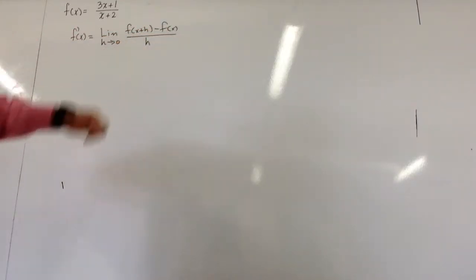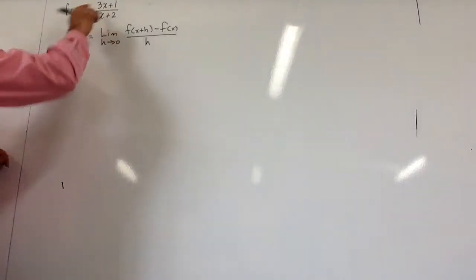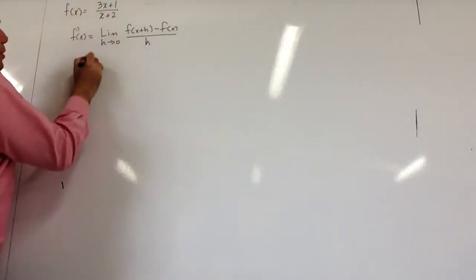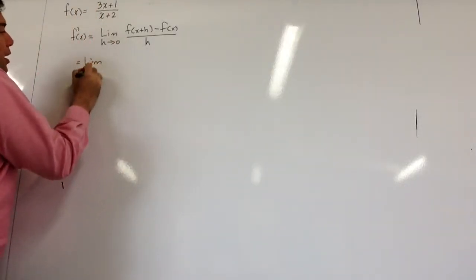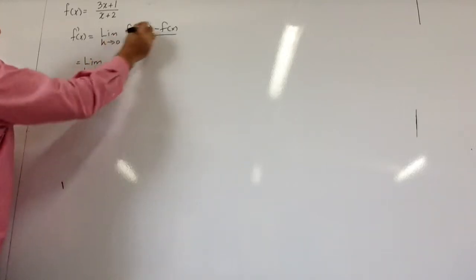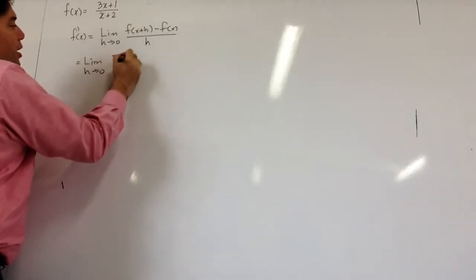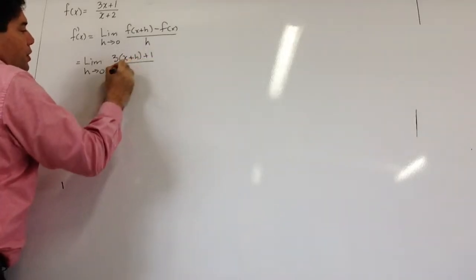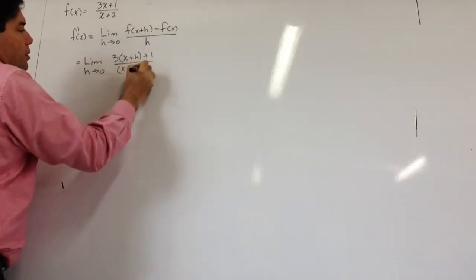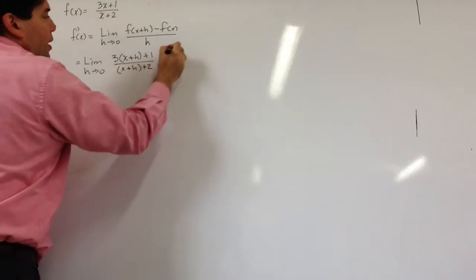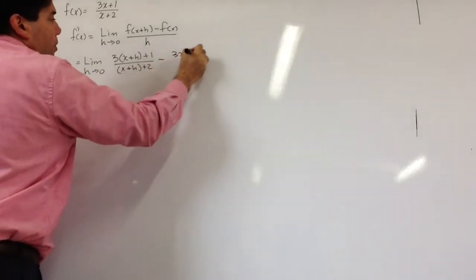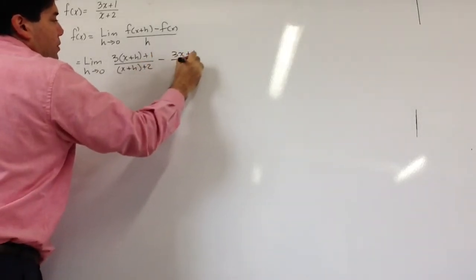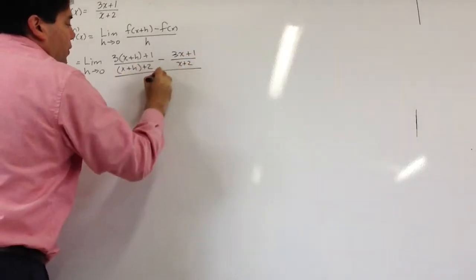Now applying it to this function, the first thing would be the limit as h approaches 0 of 3 times x plus h plus 1 over x plus h plus 2, minus 3x plus 1 over x plus 2, all that over h.